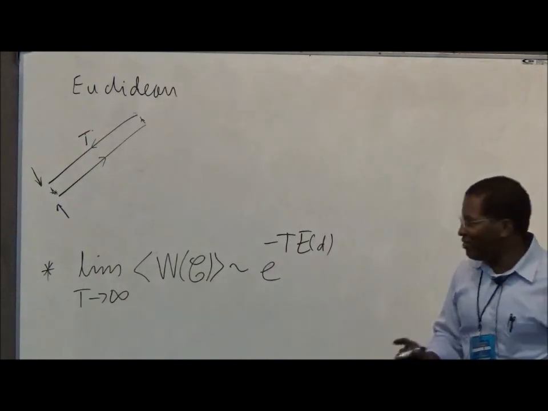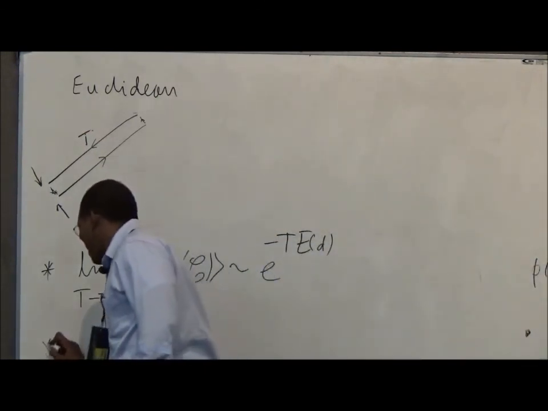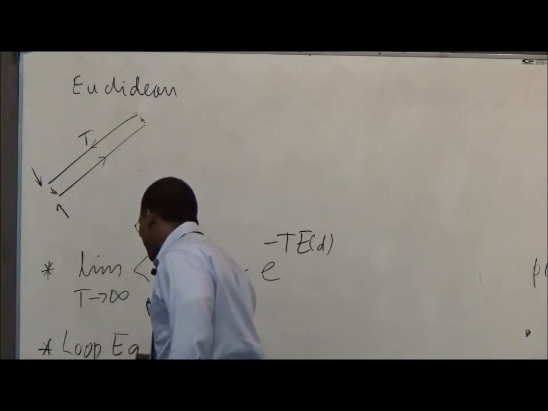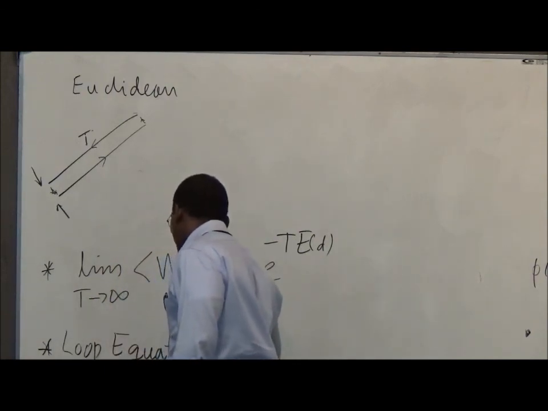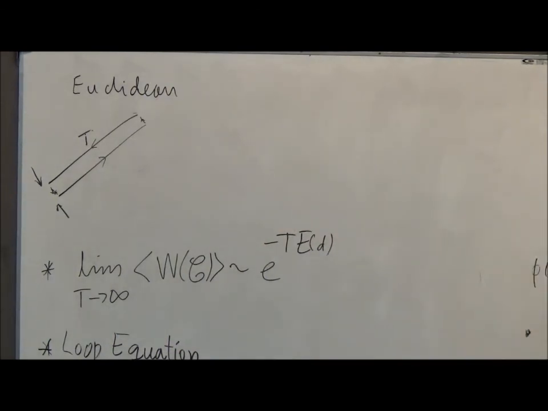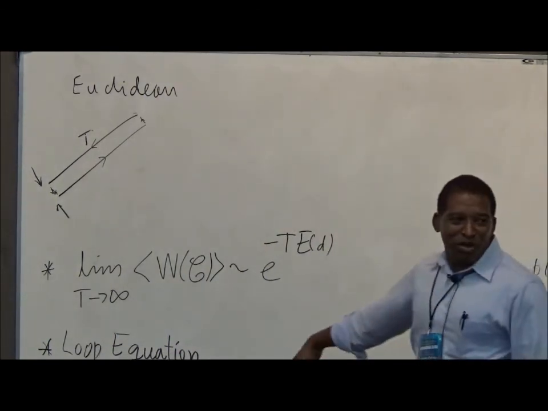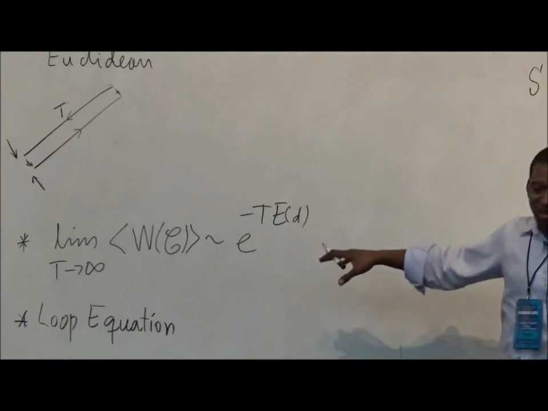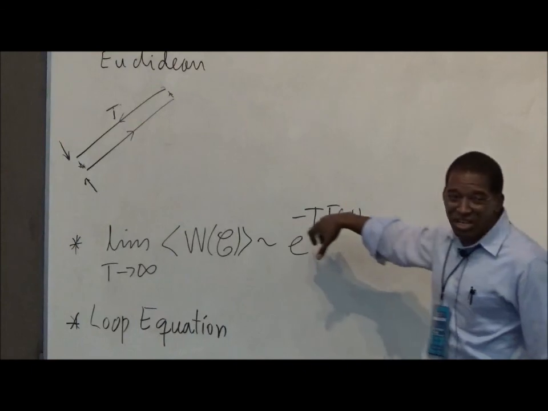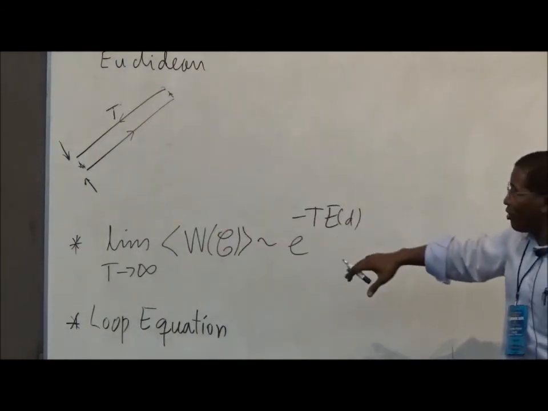One last comment, for the more advanced students: I'm just going to write something like this, the loop equation. This is an attempt by Polyakov and others to reformulate non-abelian field theory in terms of the Wilson loop. The Wilson loop is such a powerful operator, it's a non-local operator, right?